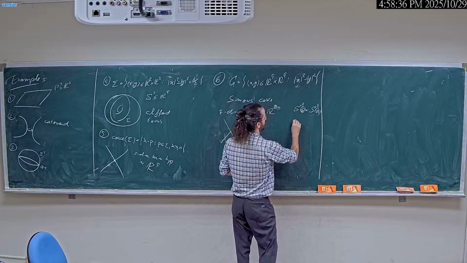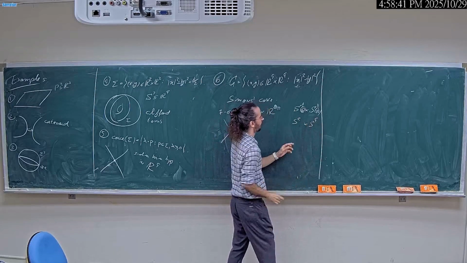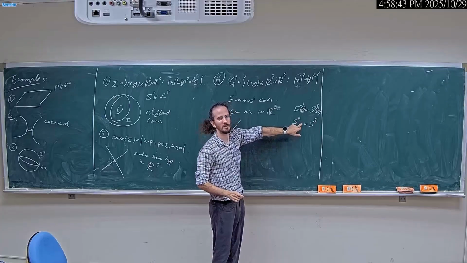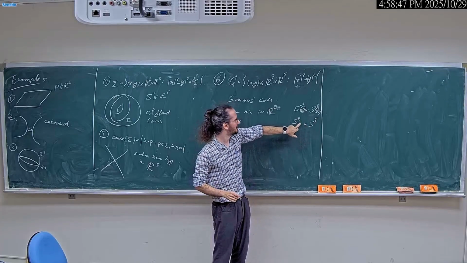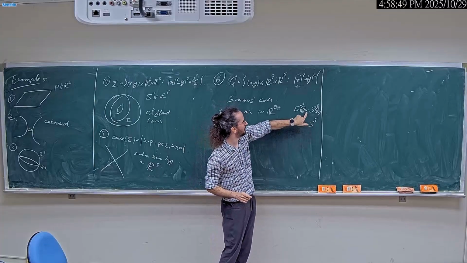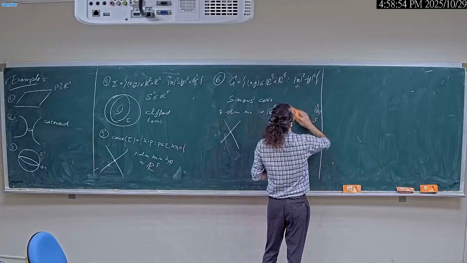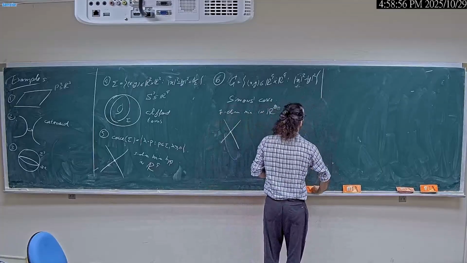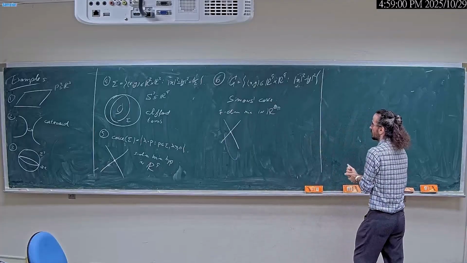But here you can have something like this cross S4. I don't quite remember what the radius is, but this is also a minimal surface. But then the radius is now 1/2, 1/2 square root 2.